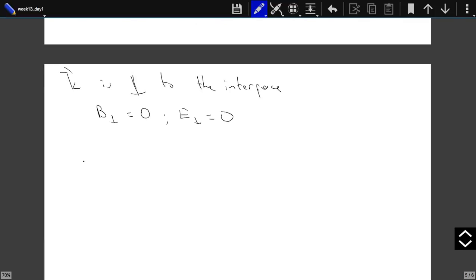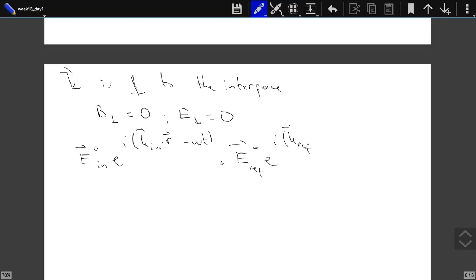So that tells me that E incident 0 e to the power i k incident dot r minus omega t plus E reflected 0 e to the power i k reflected dot r minus omega t should be equal to E transmitted 0 e to the power i k transmitted dot r minus omega t.